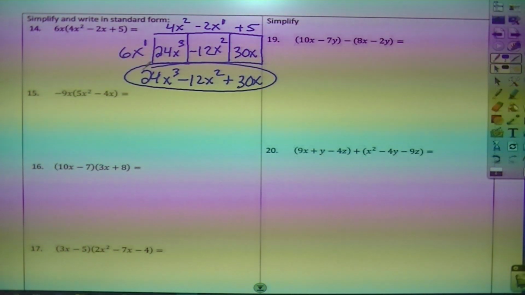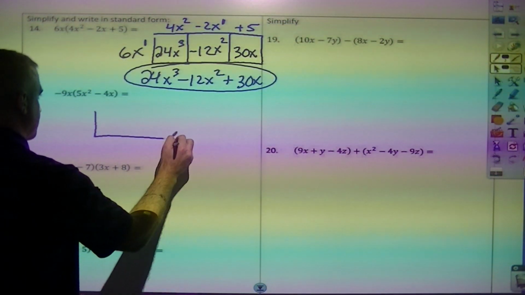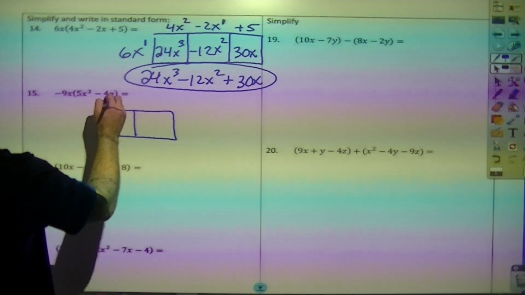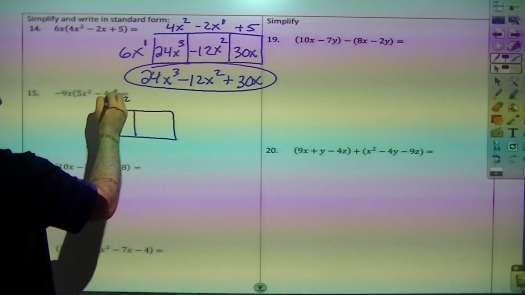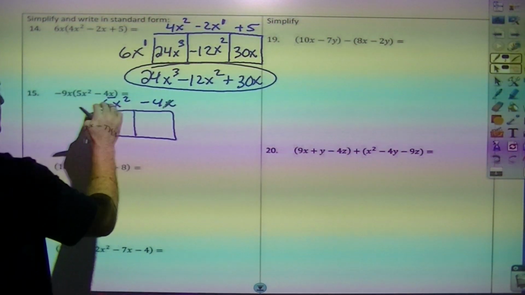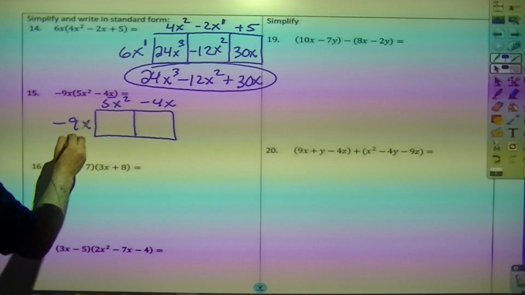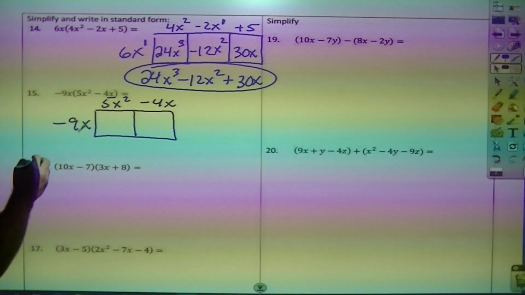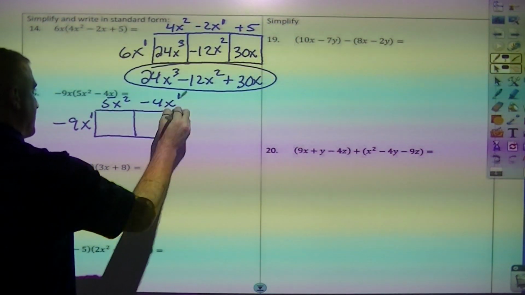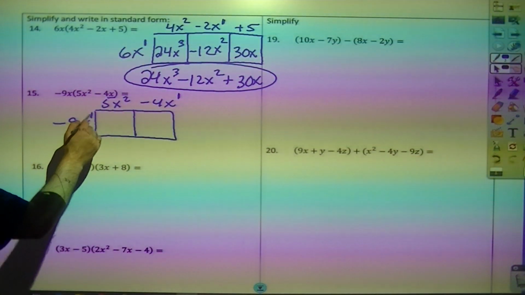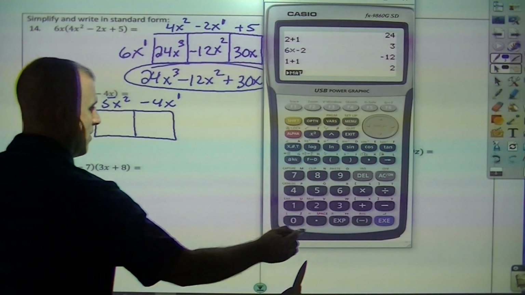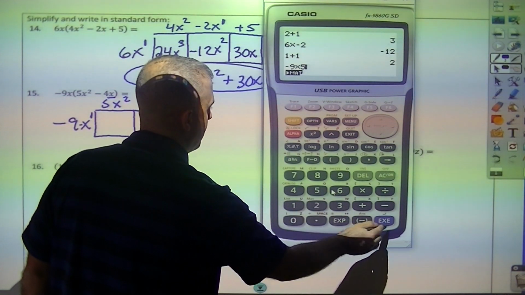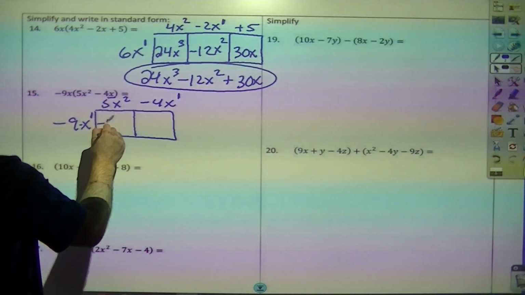This one, there is only two terms that I'm multiplying. 5x squared, negative 4x. I put this negative 9x here. Once again, since I have variables, that's got to have an exponent, that's got to have an exponent. So I'm multiplying the coefficients, negative 9 times 5, which is negative 45.